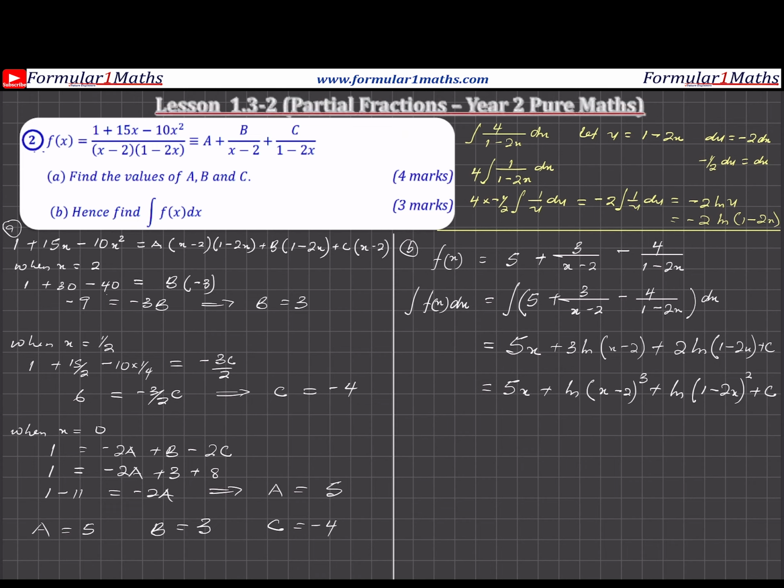I can simplify this further using laws of logs again, and I'm going to get 5x plus ln x minus 2 cubed times 1 minus 2x squared plus integration constant. And that is the final answer required.